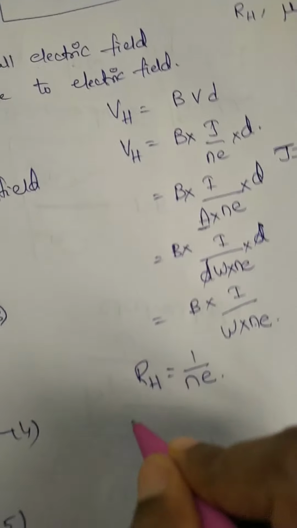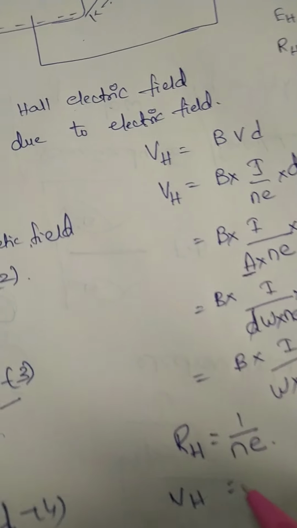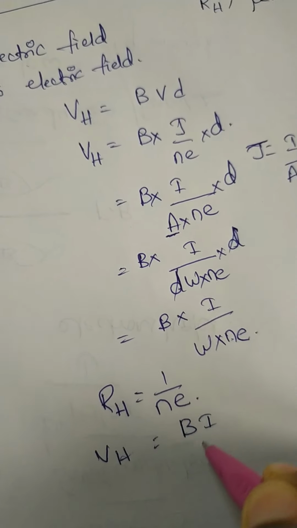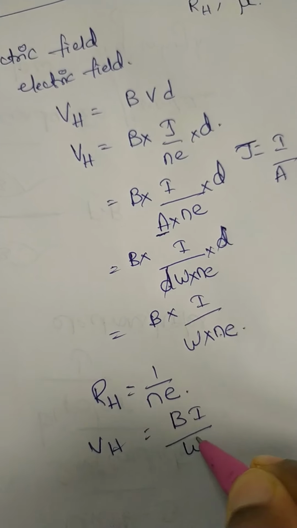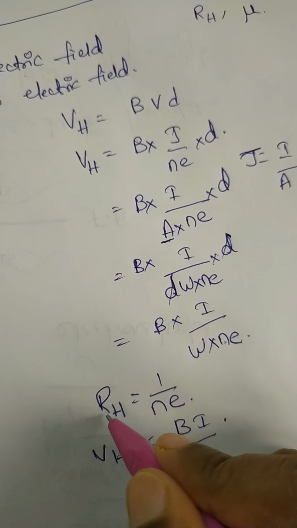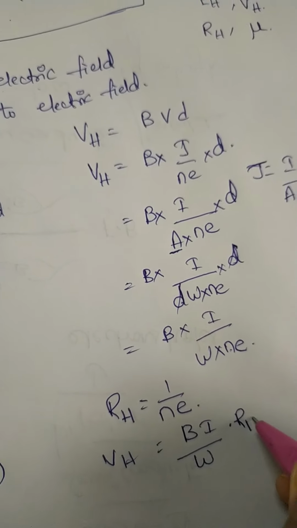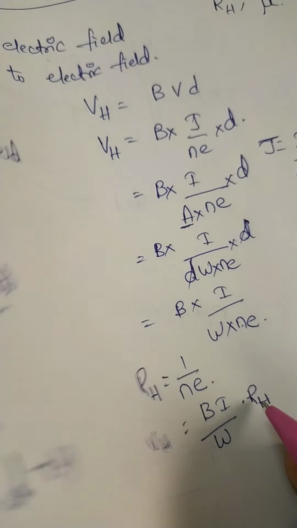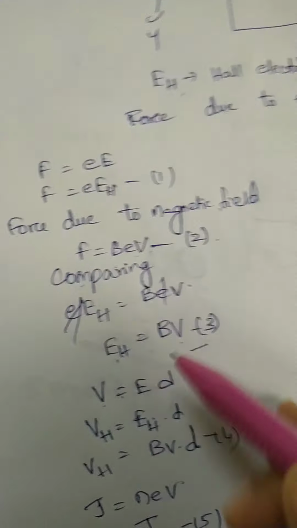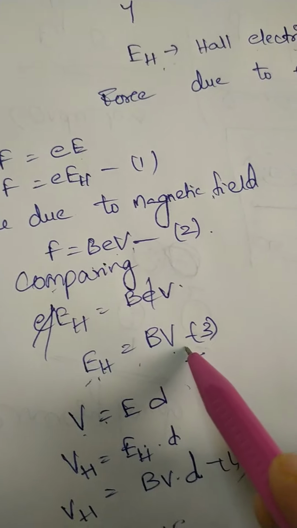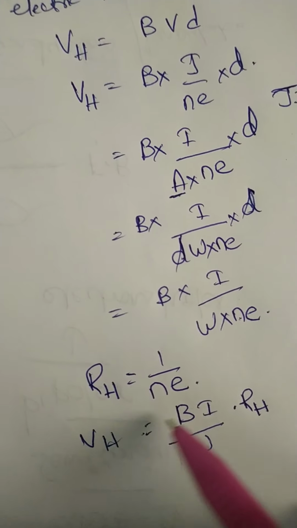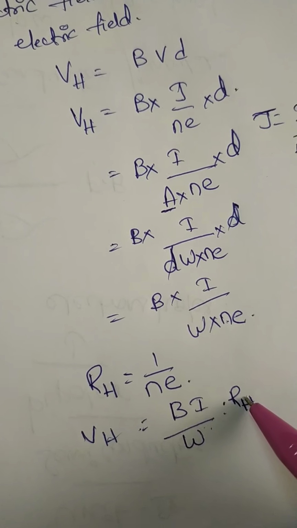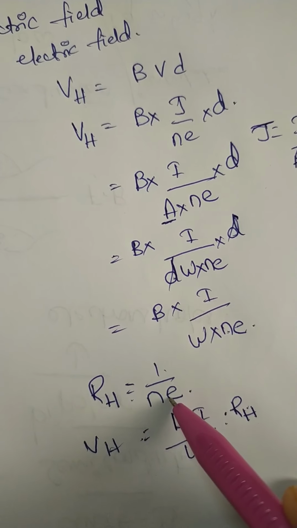Now VH equals B I by W into 1 by ne, which is RH. So VH equals BI by W into RH. So EH equals BV, VH equals BI by W into RH, and RH equals 1 by ne.